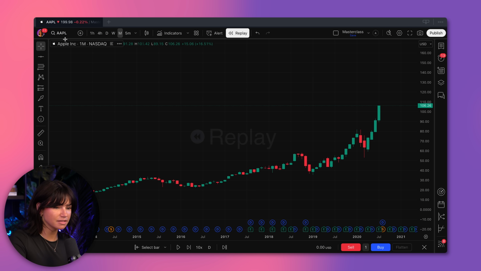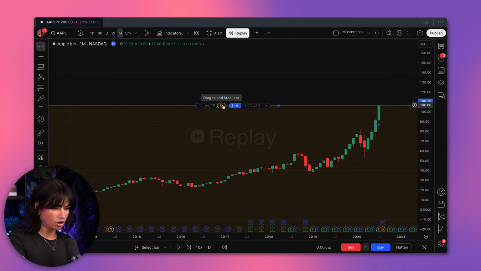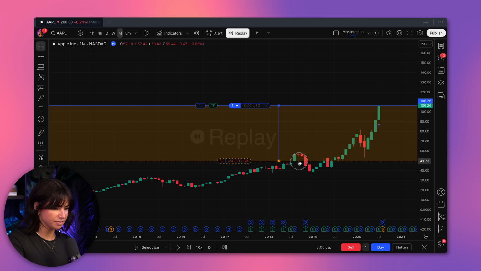Okay, we are looking at the stock Apple here. We're in the monthly time frame. The price is trading at $106 right now. Let's say the same scenario. We're going to place our market order to buy right here. Now, if you hover your mouse over where the price is at, you can see a take profit and a stop loss, TPSL. To set your stop loss, you'll drag the stop loss down to $50.